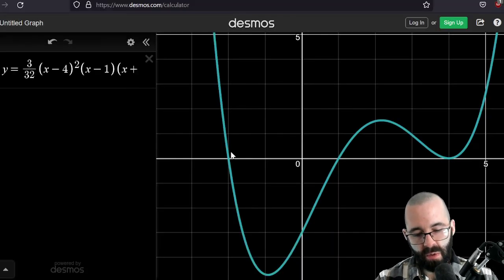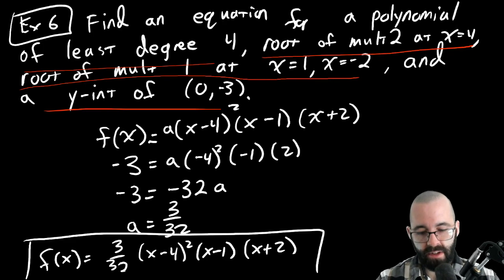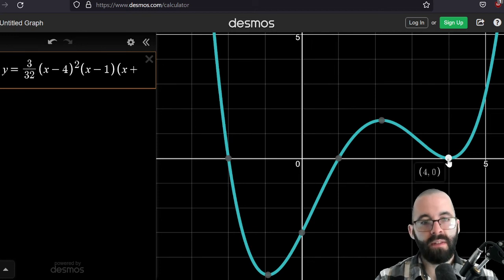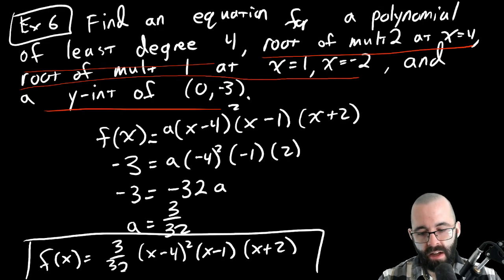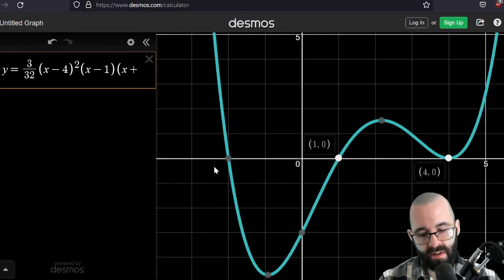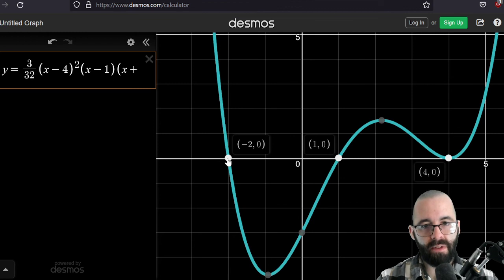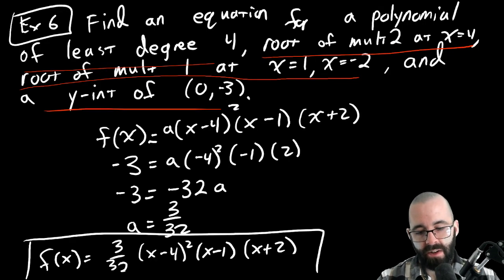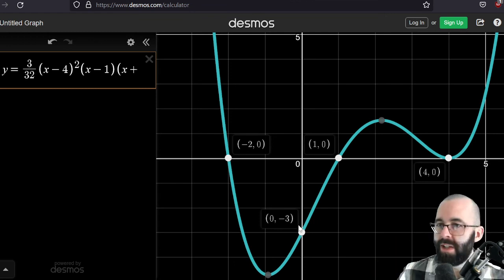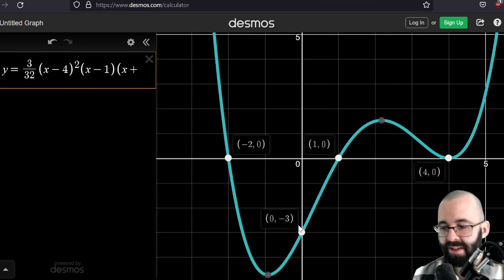Polynomial of least degree 4, check. It looks like a 4th degree polynomial. Root of multiplicity 2 at x equals 4. Yep, this has multiplicity 2. It bounces off like a parabola. Roots of multiplicity 1 at positive 1 and negative 2, yep, have the right multiplicities. And y-intercept of negative 3, we did it. We satisfied all the requirements.